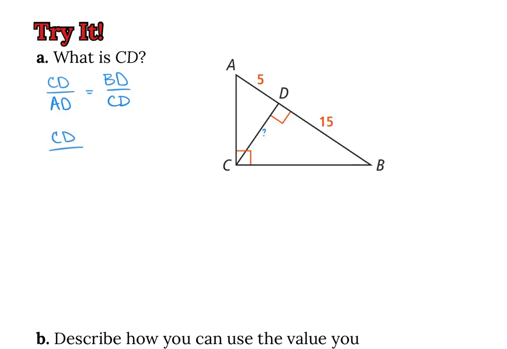We don't know what CD is. AD is 5. BD is 15. Cross multiply. To get rid of my square, I'll take the square root. So CD will end up equaling 8.6.